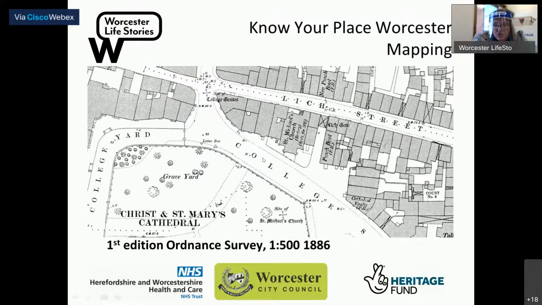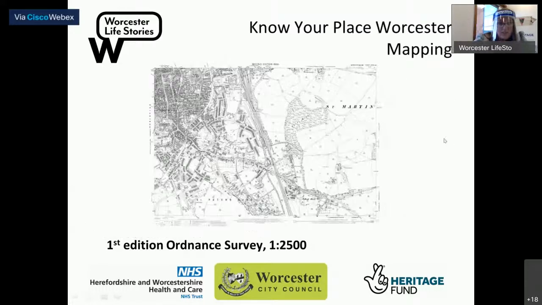This map, however, doesn't cover the full geographical extent of the city today. So in order to do that, we also need to include our 1 to 2500 mapping. So this is, again, from a similar date, the first edition Ordnance Survey, but drawn at 1 to 2500. And this covers the whole of the country.